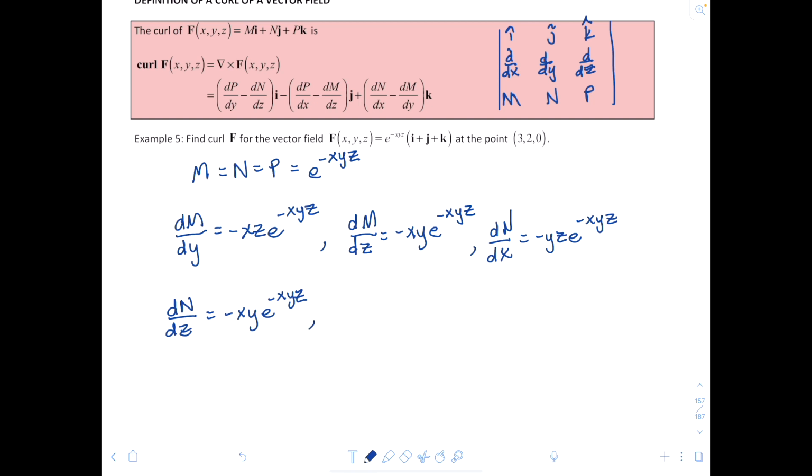And then we need to do P, so dP/dx will be negative yz e to the negative xyz, and dP/dy will be negative xz e to the negative xyz.